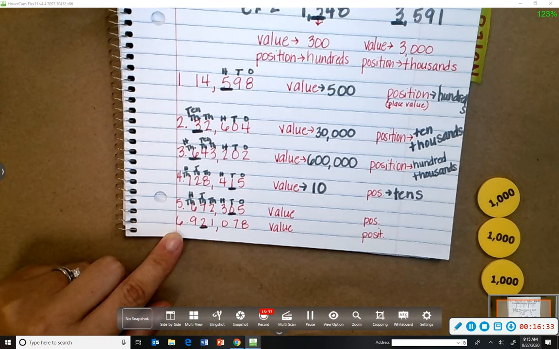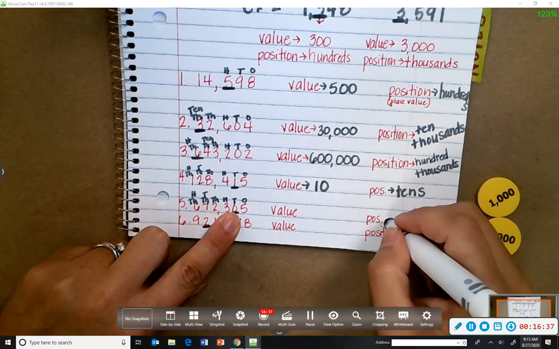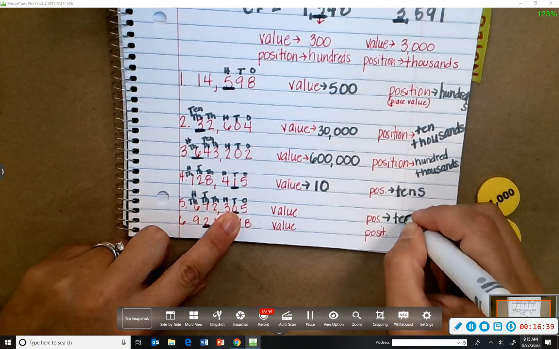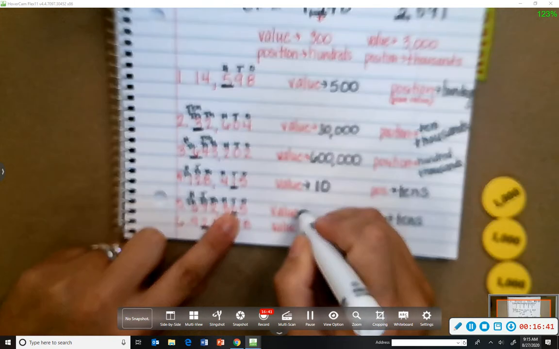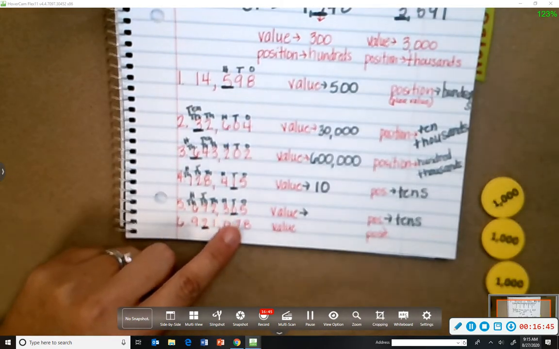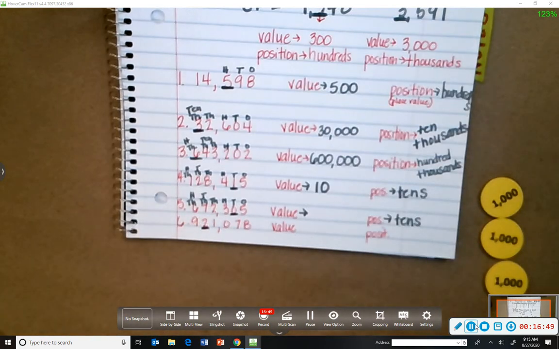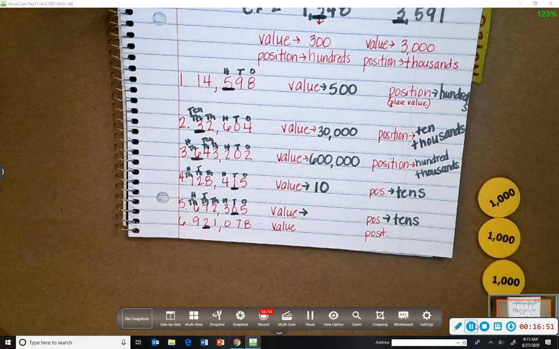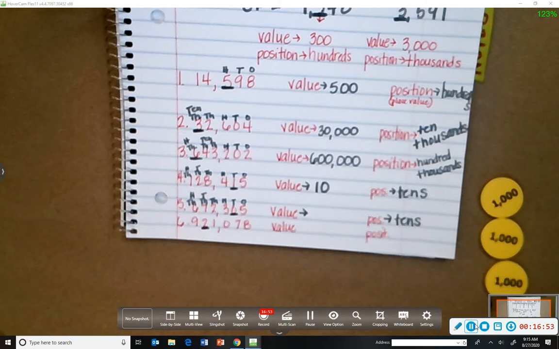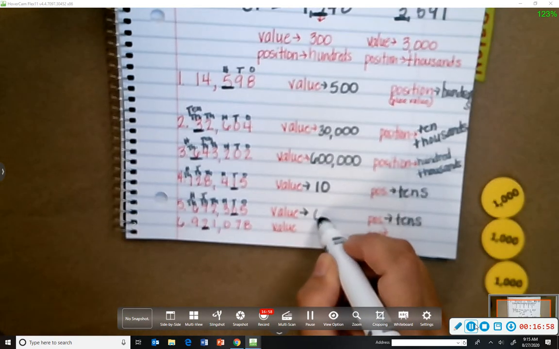Okay, now again we landed in the tens place. Now the value is going to be a little bit different. I have a 0. So if I have a 0 in the tens place, that means I have no tens. No tens means the value is just 0.